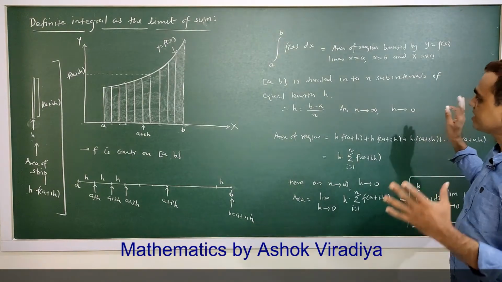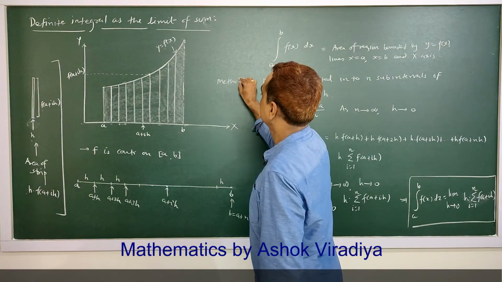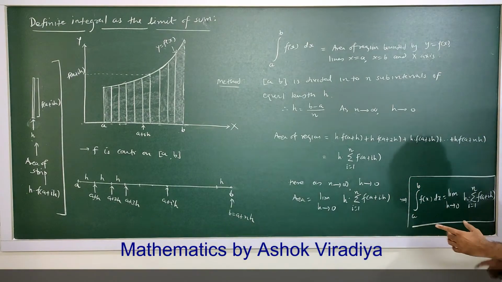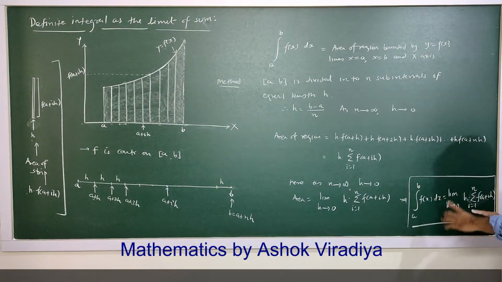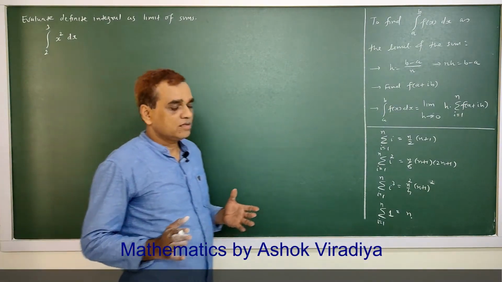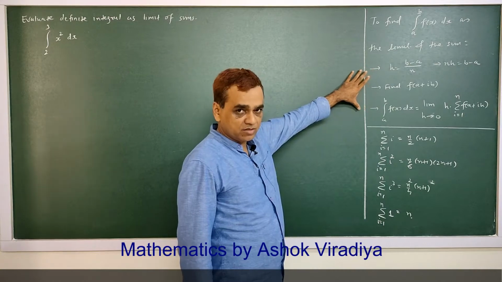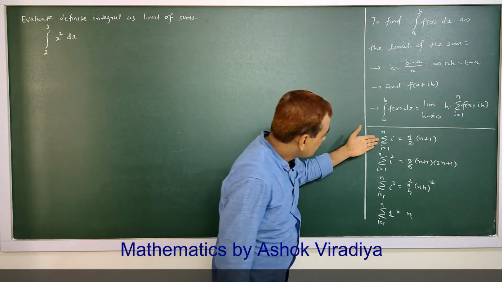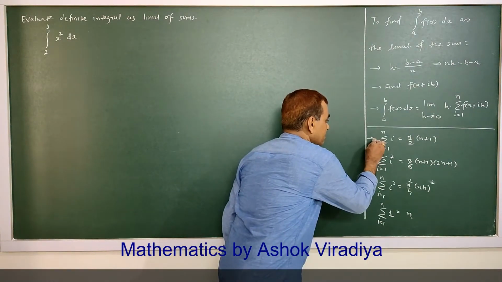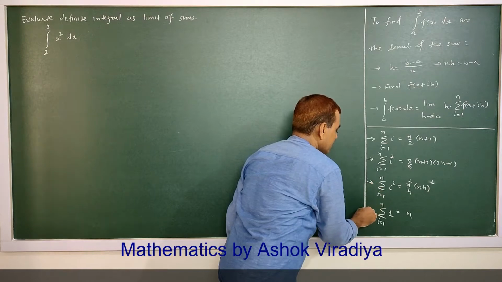And to find this area, this is the method. So while doing examples, we will apply this formula. Now see, whatever I explained, I have written the formula here in short, and these are the formulas for sigma. These formulas will also be used, and you learned these formulas in class 11.